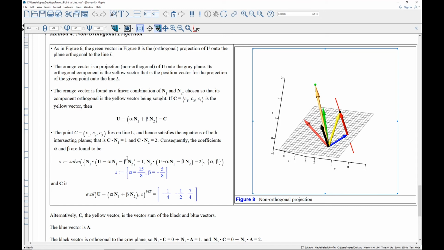N1 dot this vector C is 1, and N2 dot this vector C is 2. I solve for alpha and beta. I put those numbers back into the expression for C, and I write it as a row vector to save some space: minus a fourth, minus a half, 7/4.